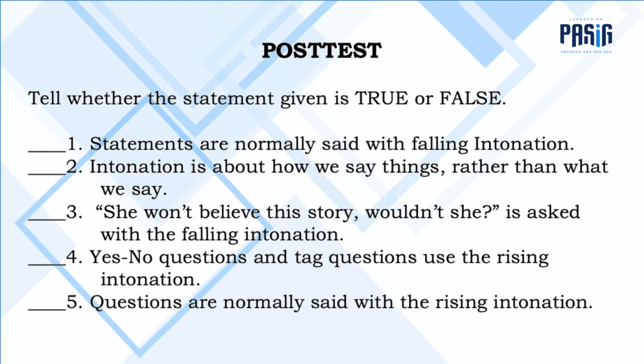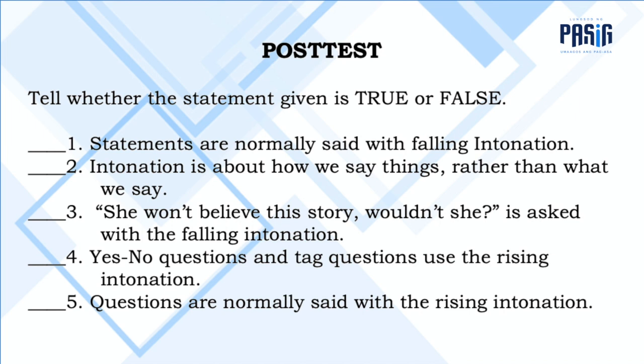Let's see how much you understand our lesson today by doing this quiz. Tell whether the statement given is true or false. Write your answer on a sheet of paper. Number 1. Statements are normally said with falling intonation. Number 2.